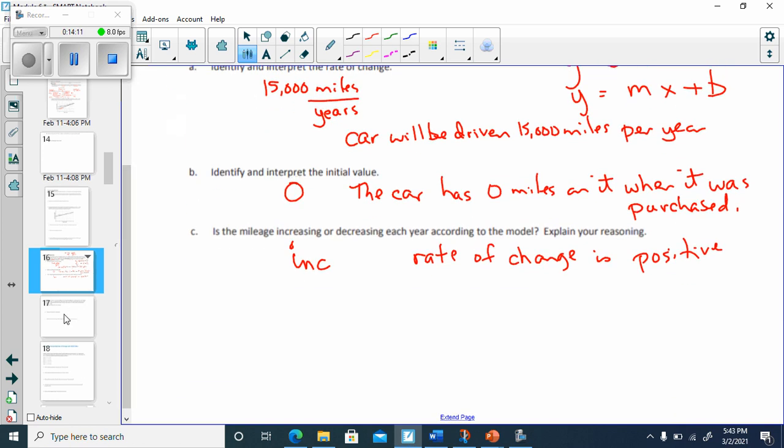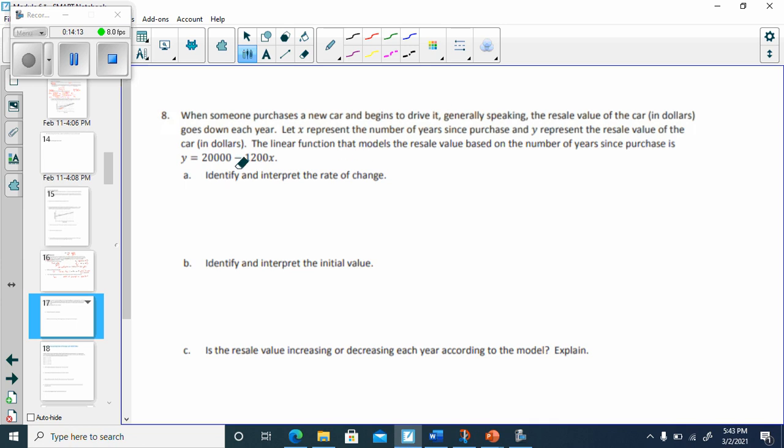All right, let's look at the next question, number 8. When someone purchases a new car and begins to drive it, generally speaking, the resale value of the car goes down. What's another term for goes down? Decreases, right? And it decreases each year. Let x represent number of years since purchase, and y represent resale value.